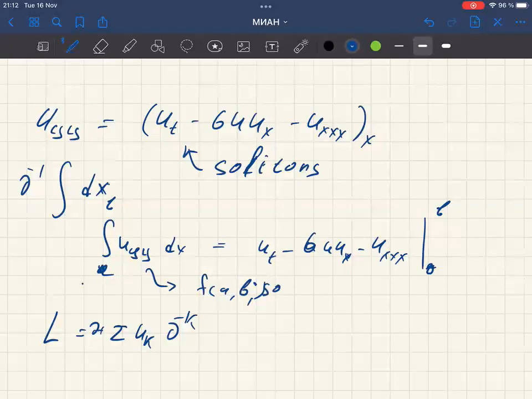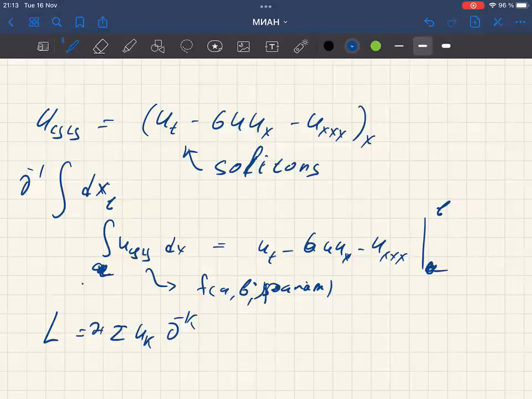But the function in the left-hand side cannot depend on the choice of this 0 or whatever, a. Why? Yes, because it has no a and b in its definition. Remember the formula for a one soliton solution? I don't recall. Andrei, I also don't understand. Okay, the function u does not depend on a and b.